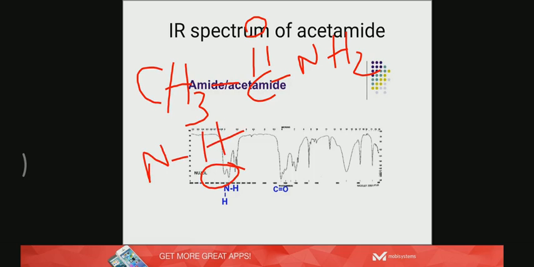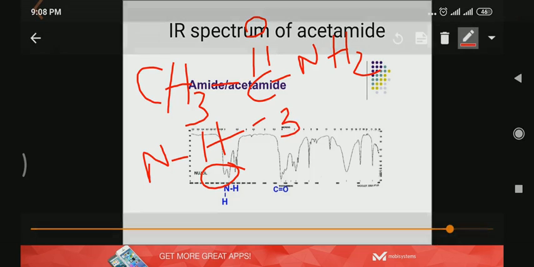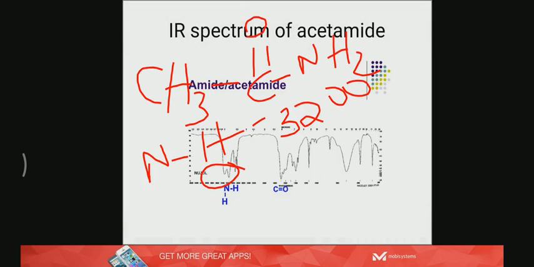Split into two, because primary amine has two NH bonds, so it will give two peaks, and that is around 3400 or even lower because of hydrogen bonding. It may come around 3200 or so. So that is one, NH stretching frequency.